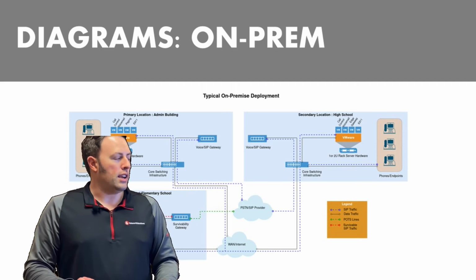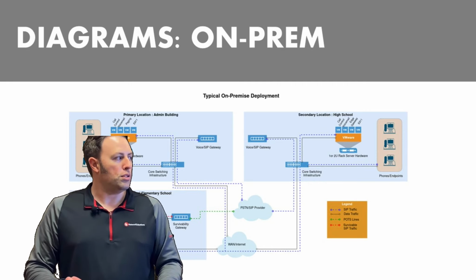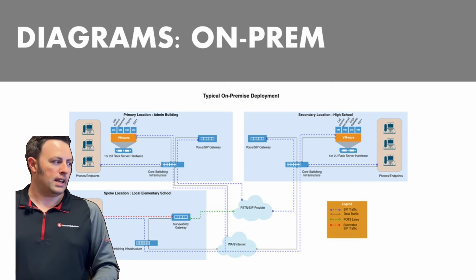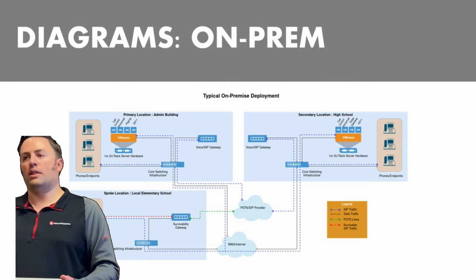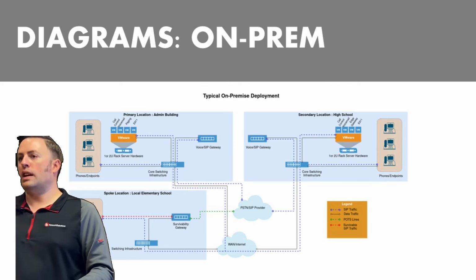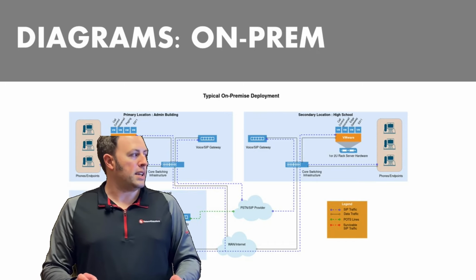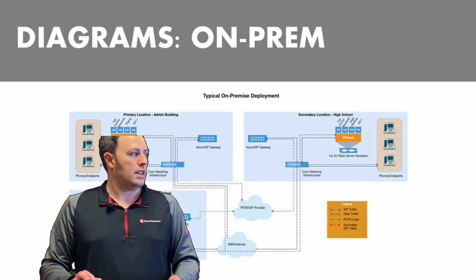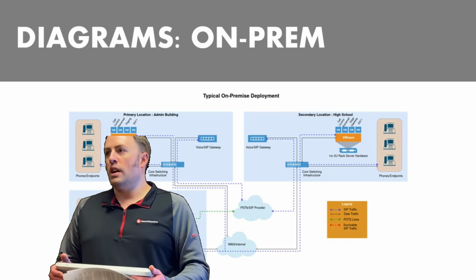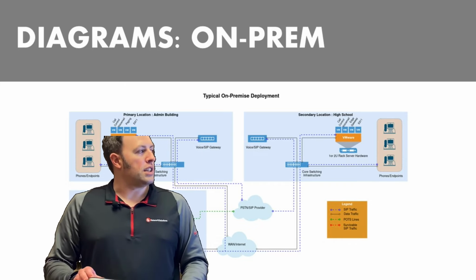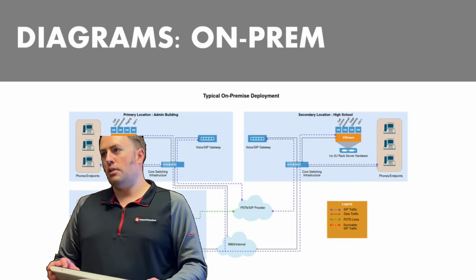You see here, the black is the physical hookup. The blue is where that SIP traffic would run, the green would be a POTS line, and the red is how that traffic routes if it gets cut off, the survivability traffic. We've got these elements. Basically, this looks like a server that's running the hypervisor like VMware, and it's running a bunch of virtual machines that are in a clustered relationship with its counterpart over here at the secondary location.